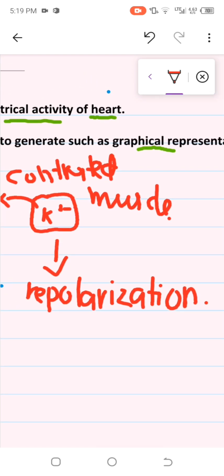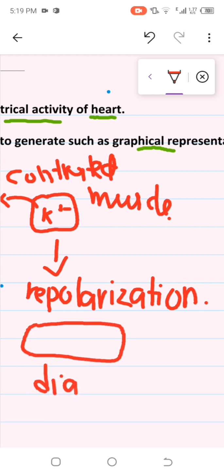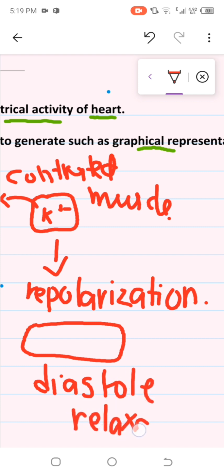That means this muscle cell will come to its own position. Diastole means relaxation. Fine.